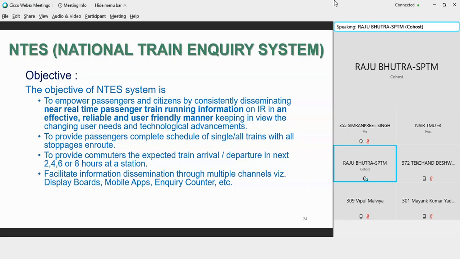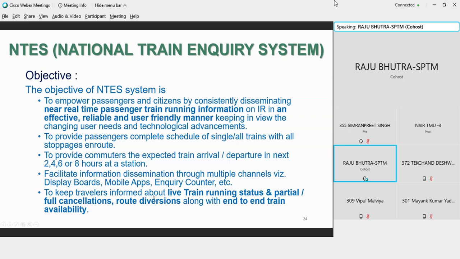Those passengers who are not very computer literate or not good at using mobile apps can have face-to-face interaction at the inquiry counters and get all the information related to passenger train running.